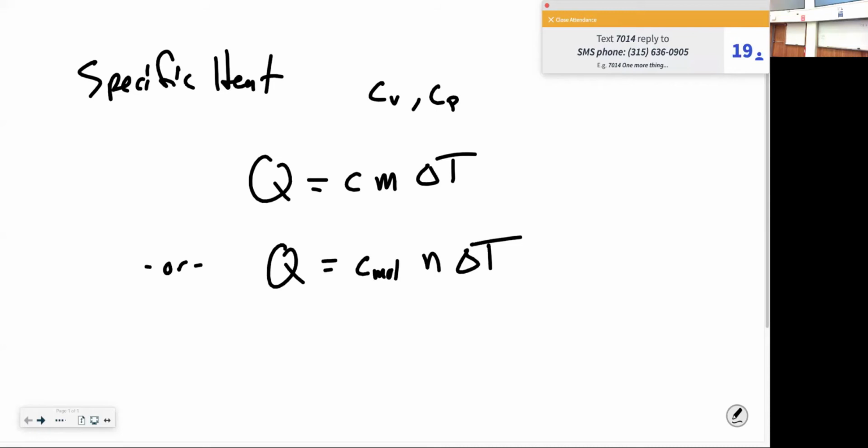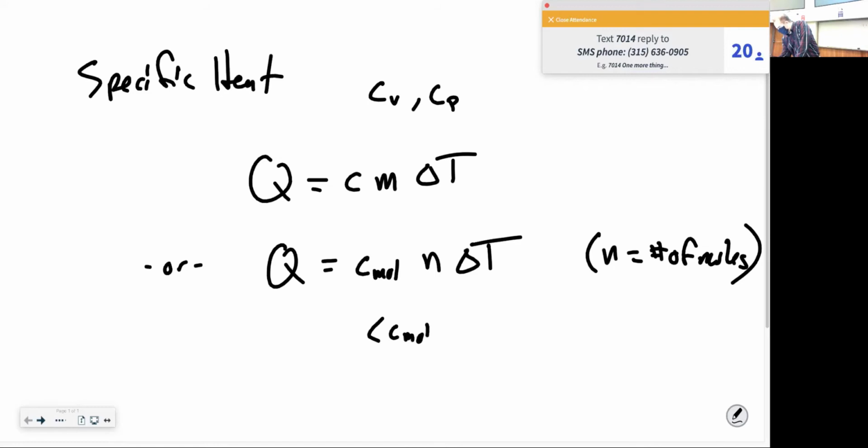Same basic idea though. Right, n is the number of moles, as opposed to big N, which is the total number of particles in your gas. I'm not even sure we wrote this down last time. The units on C mole are joules per mole Kelvin instead of joules per kilogram Kelvin. Otherwise, it's exactly the same kind of thing.